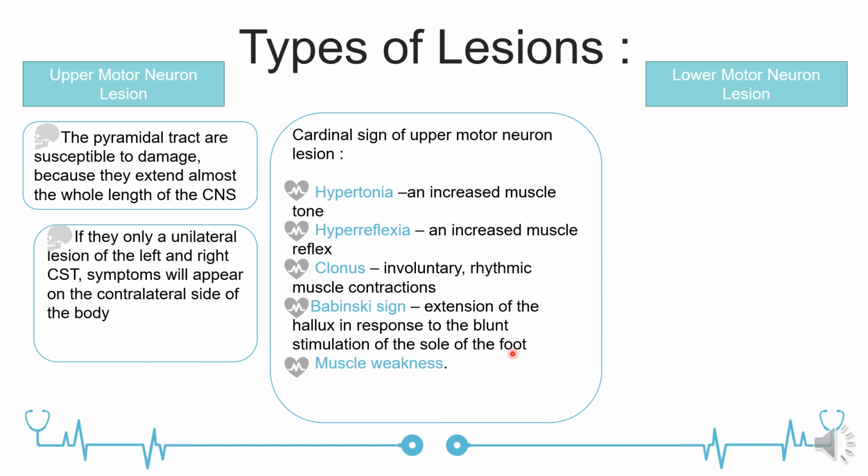When the Babinski reflex is present in a child older than 2 years old or even in an adult, it is often a sign of central nervous system disorder. And lastly, we have muscle weakness. We're going to look into each one of them.